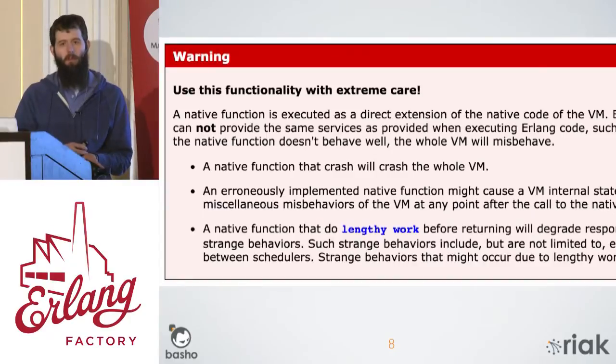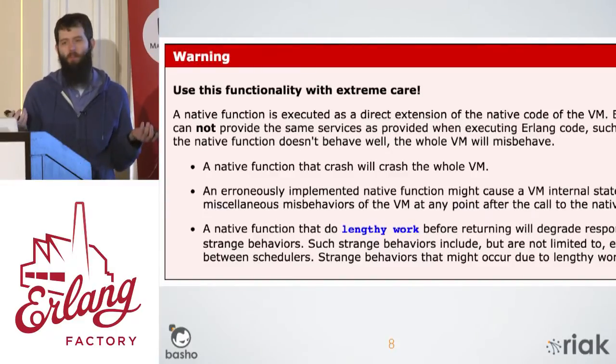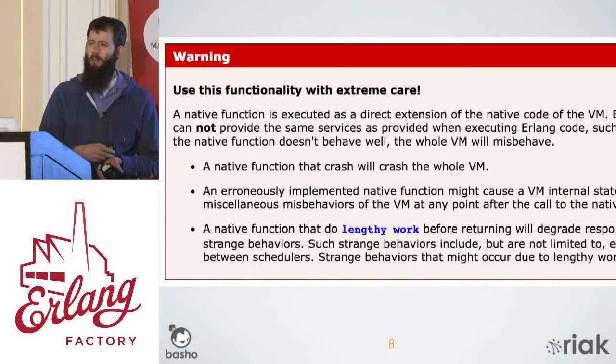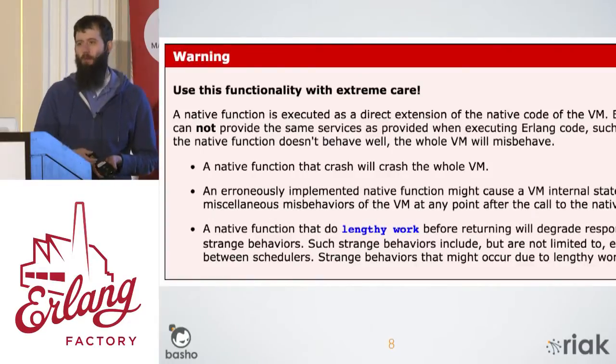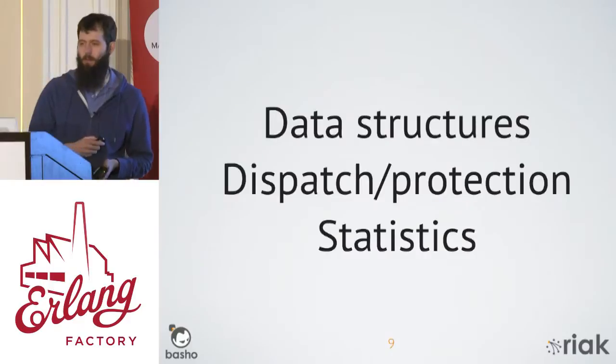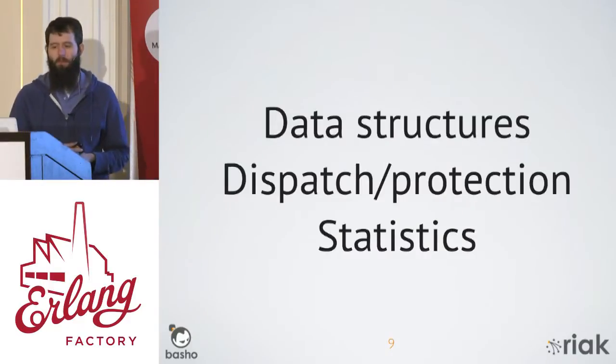We use NIFs for part of Bitcask. Most of the databases that are written in Erlang still have their backend written in C, because that's just the way the world works. So we use it a lot for interfacing with things. But we really at Basho haven't ever used it for high-performance data structures or other little things like that. It's mostly just been for interfacing with existing C code. But we'll talk a little bit here about using it for different purposes.